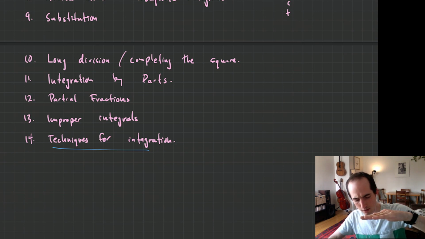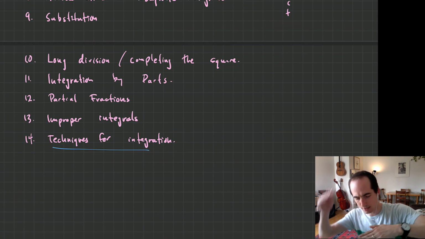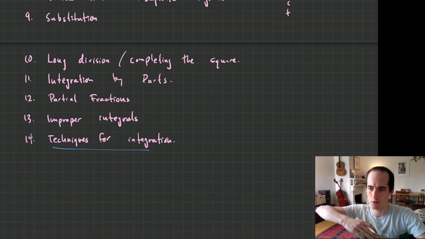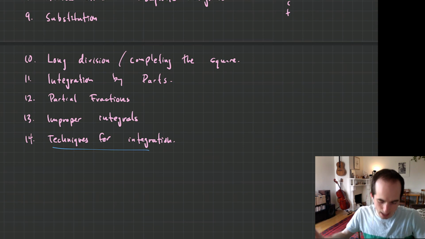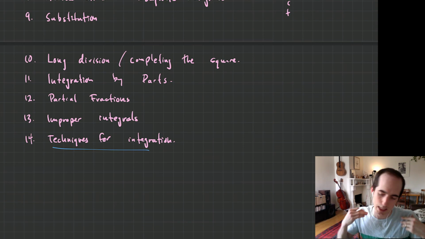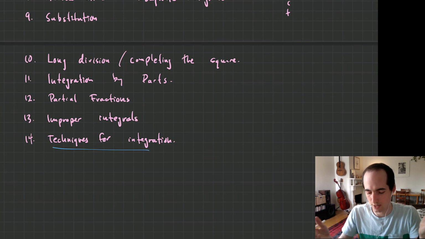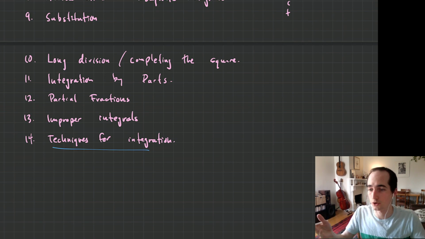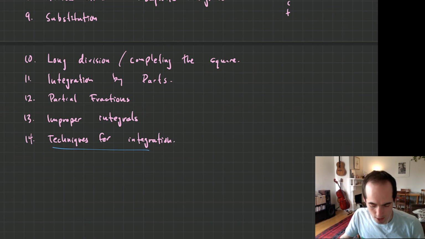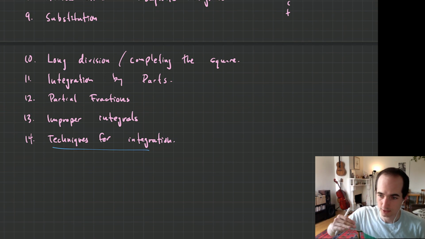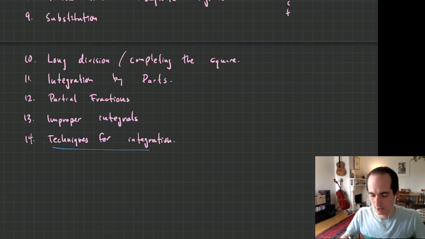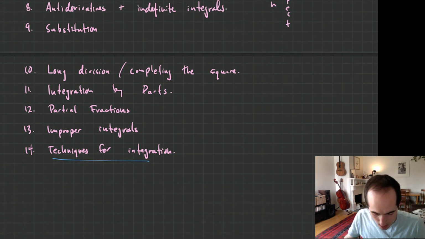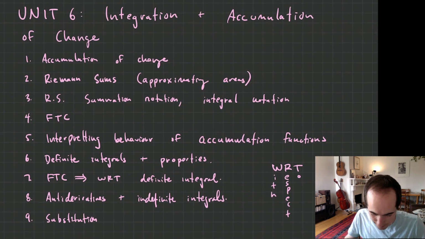Well, use by parts. Use partial fractions, and then you've got all these different situations, and then the last bit is just putting it all together. So like integrate this arbitrary function, and you're not told what you're supposed to do, right? It's not like, oh yeah, use partial fractions to solve this. It's just solve this integral. So that's it. So those are the 14 topics of Unit 6.